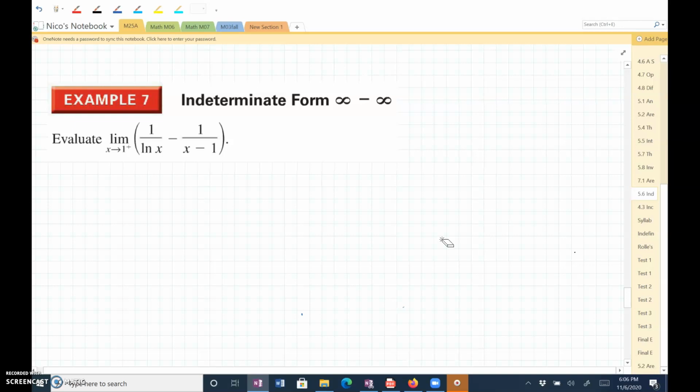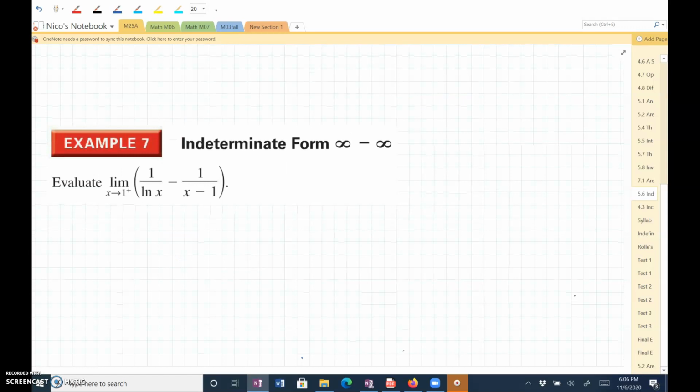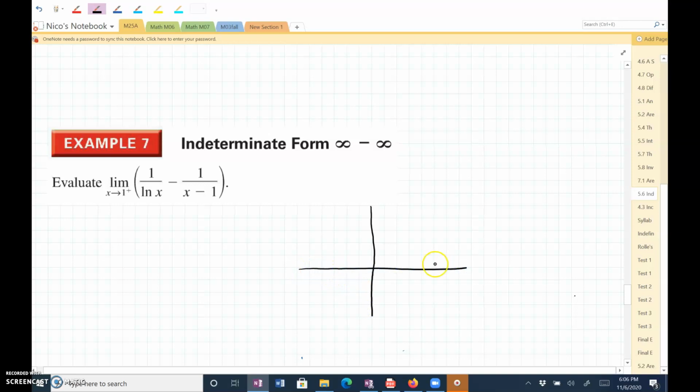So, the next thing we can do, think about the natural log function. It looks like this, where this is the point (1, 0).